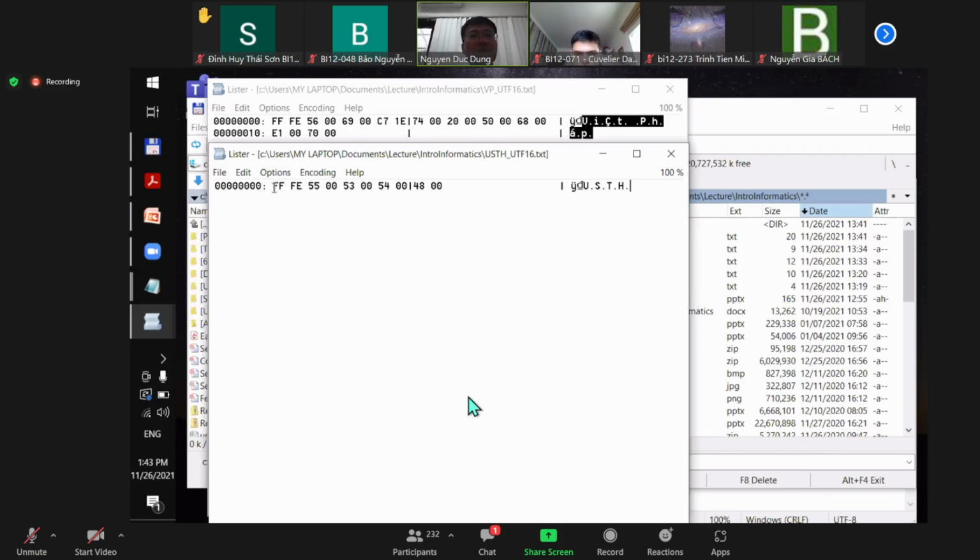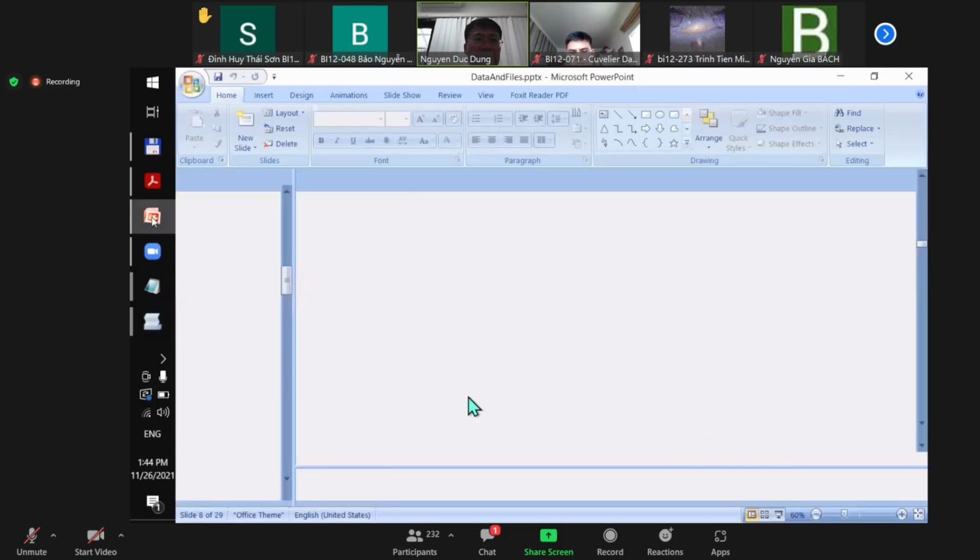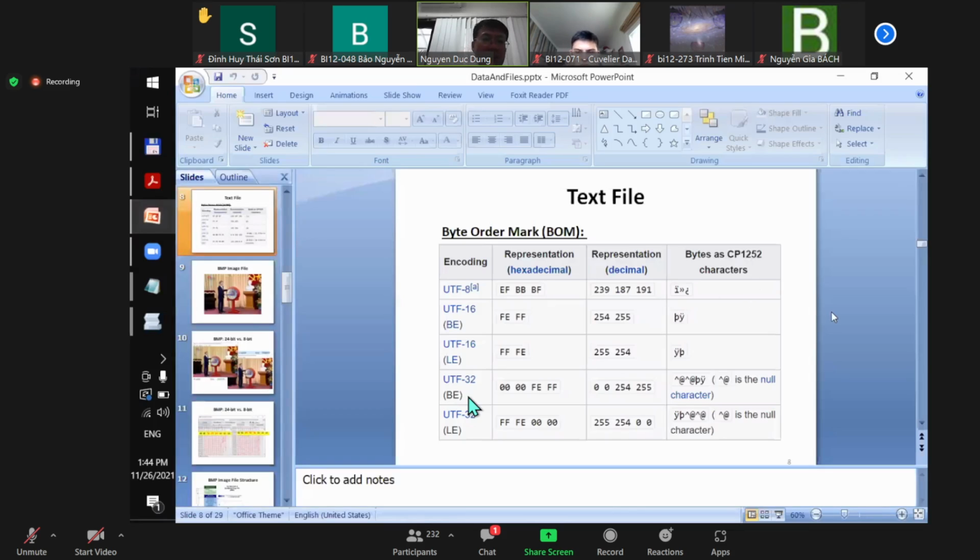And in fact, every text file, if you save the file using the UTF-16 encoding scheme, the first 2 characters are always FF, FE, and actually this is defined by the standard.